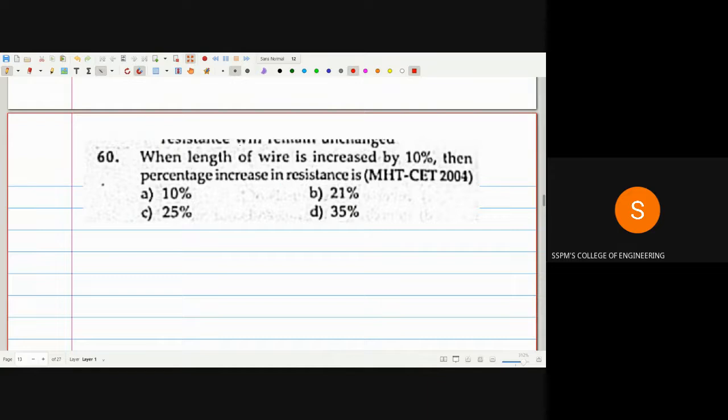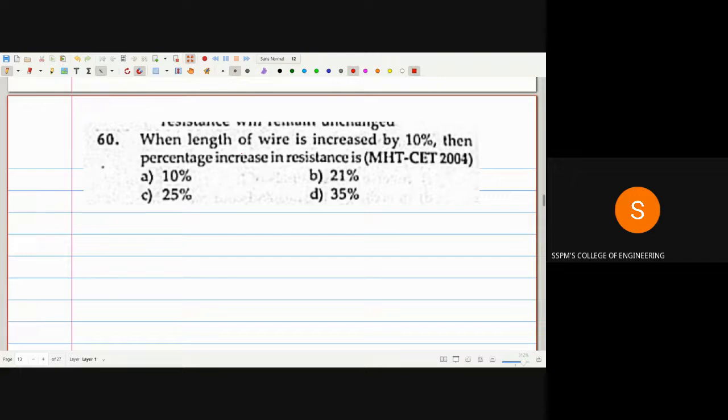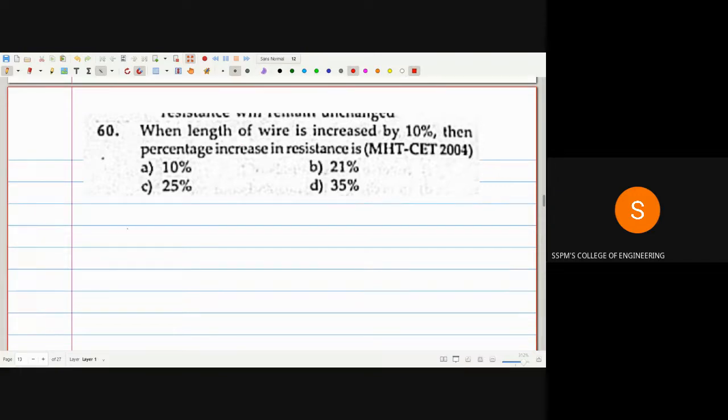The example says: when the length of a wire is increased by 10%, find the percentage increase in resistance. Let's consider R is equal to rho L divided by A. In the first case, the original shape, R1 is equal to rho L1 divided by A, where A is pi R square, so pi R1 square.